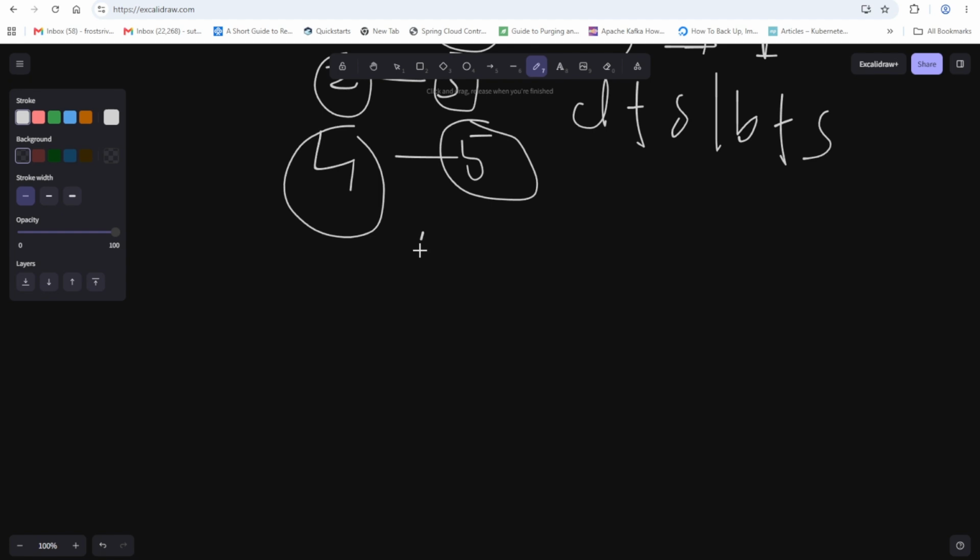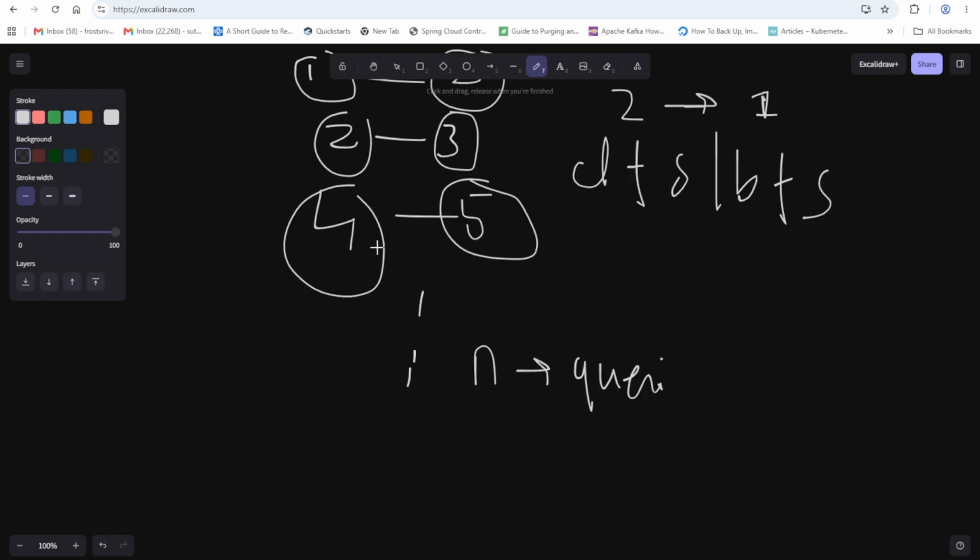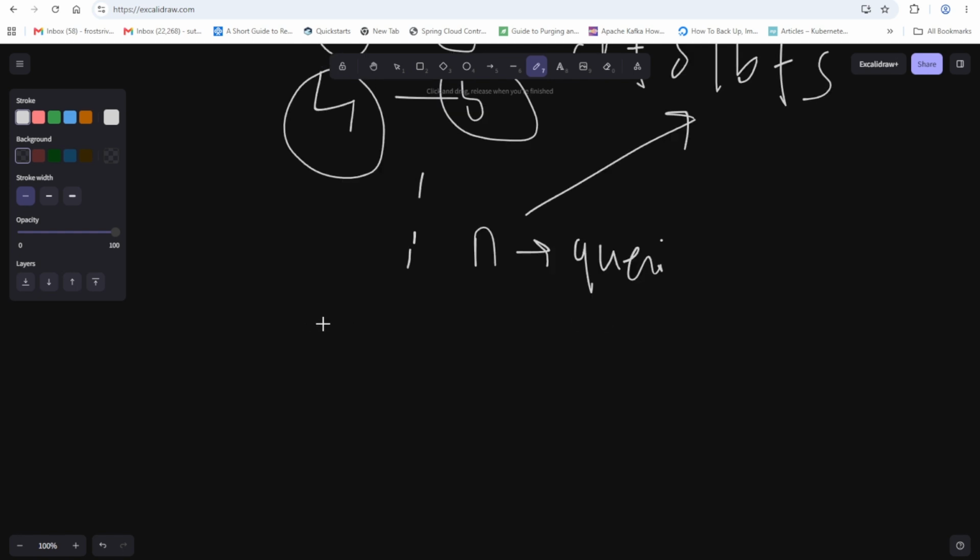And suppose there are n number of queries that are asked to us. Then for each such query, we need to run DFS or BFS every time. And that will not be very optimal, right? Because we need to run it n number of times, and n can be very large.